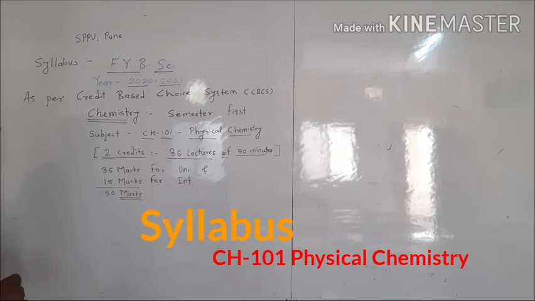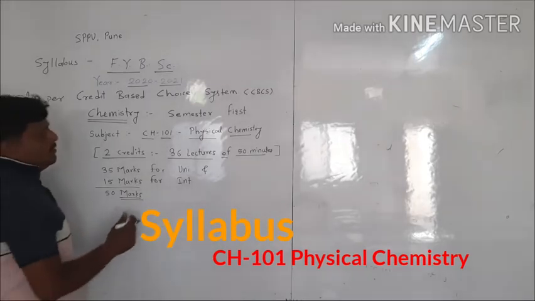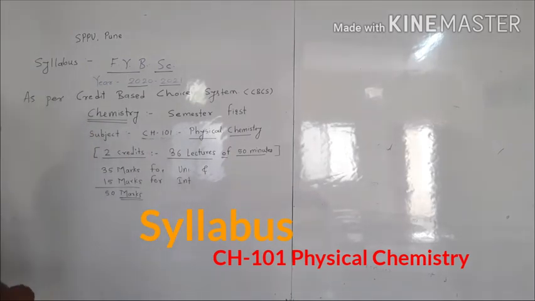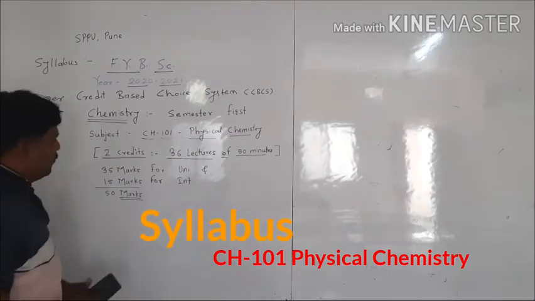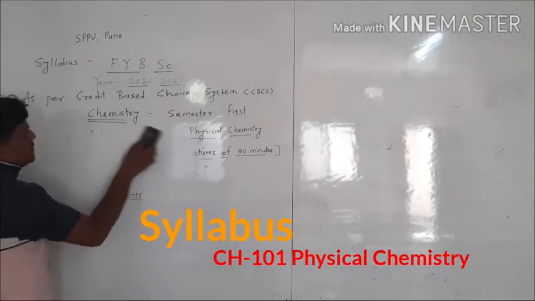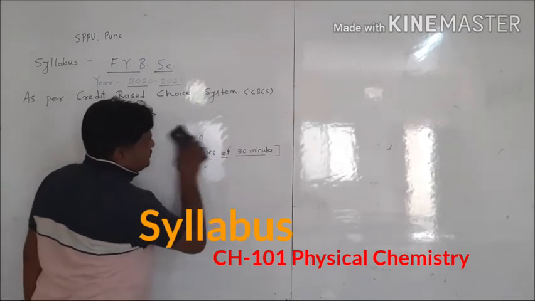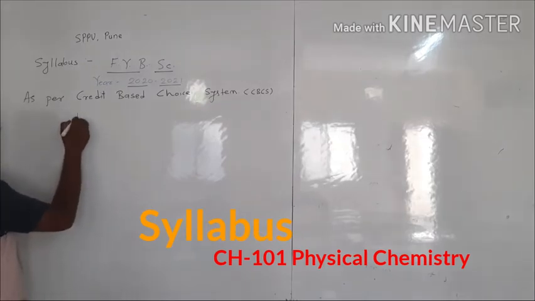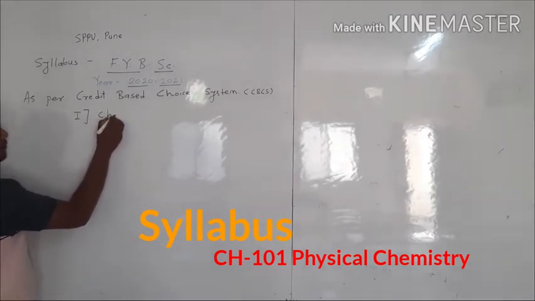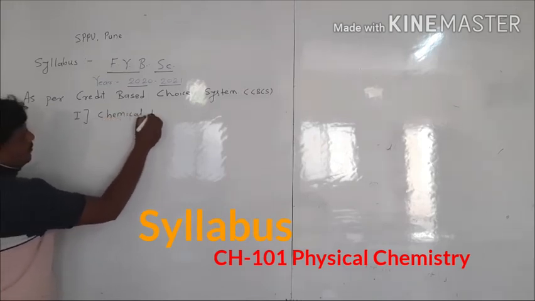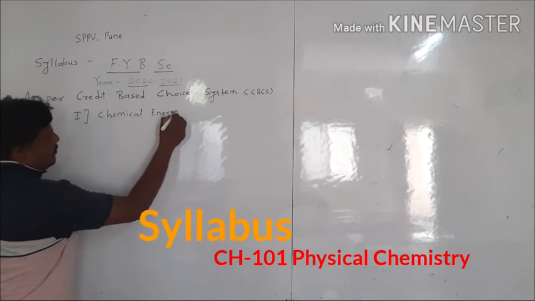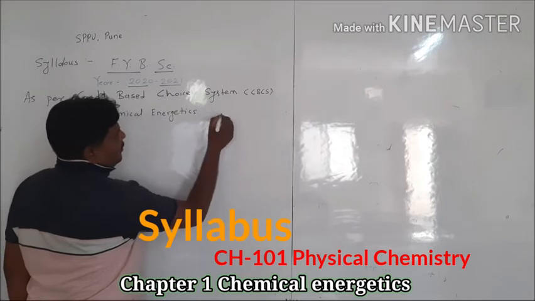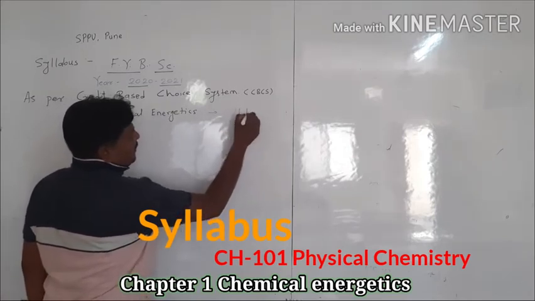Then we discuss the detailed syllabus of physical chemistry CH 101. So the first chapter is chemical energetics. This chapter has 11 lectures.